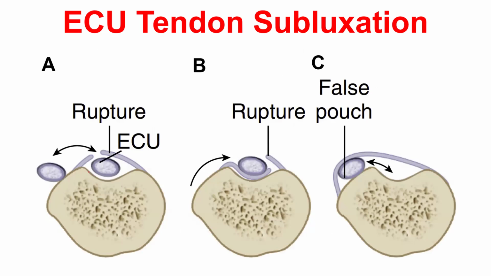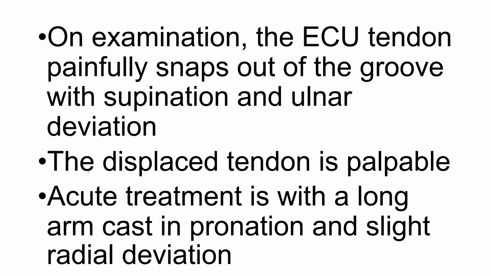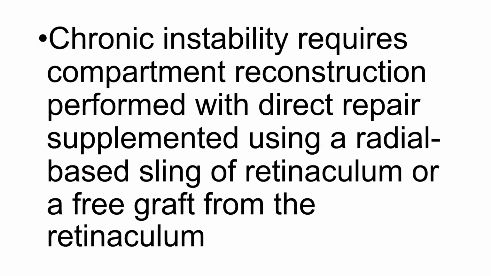This is in a transaxial view. On examination, the extensor carpi ulnaris tendon painfully snaps out of the groove with supination and ulnar deviation. The distal tendon is palpable. Acute treatment is with a long arm cast, in pronation and slight radial deviation.